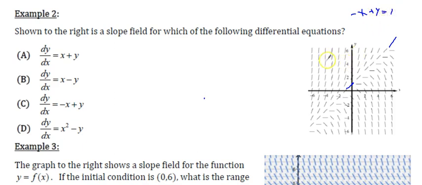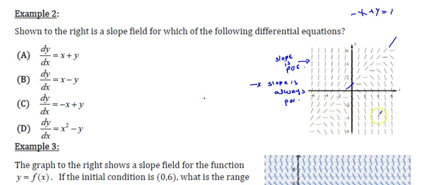Then you can see that in the second quadrant the slope is positive. Whenever it is -x, the slope is always positive. You can see that all this slope is positive, only this side is the slope negative.